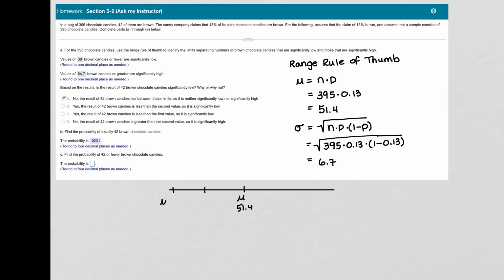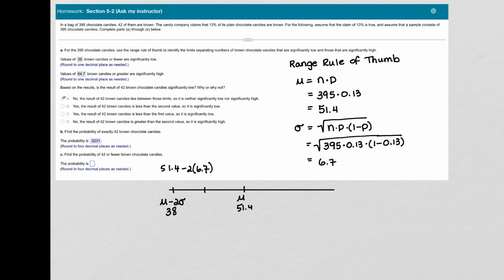And I locate the mean minus 2 standard deviations. And what we find is when we take 51.4 minus 2 times the 6.7, that's where we get 38.